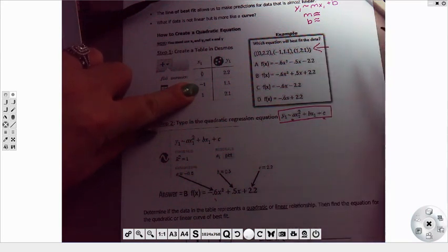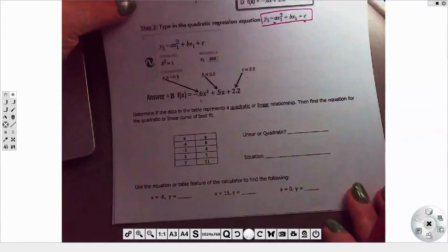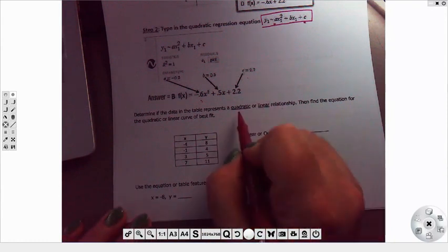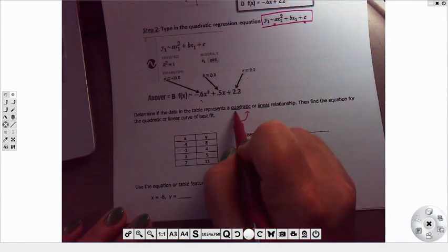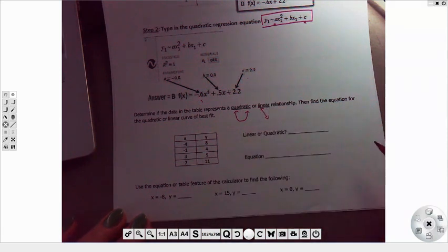Okay. So we could identify what equation this would be based on the table or the set of values that we were given. Okay, so now we are being tasked with, is the data representing a quadratic? Does it have a curve to the data? Or is it linear? Is it creating a line? Okay, the only way to do this is by using our Desmos. So we're going to create a table.